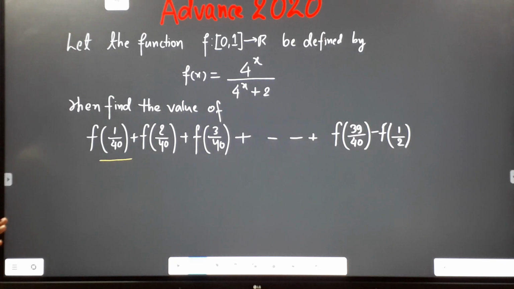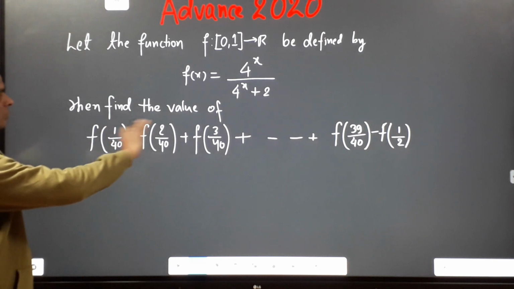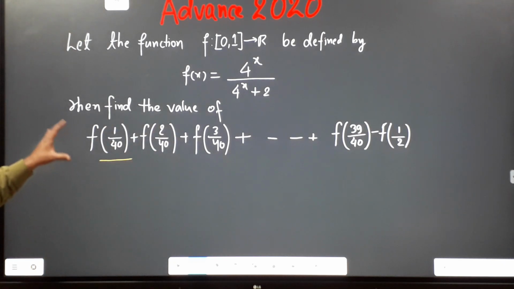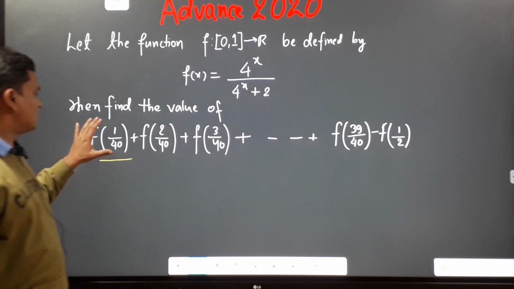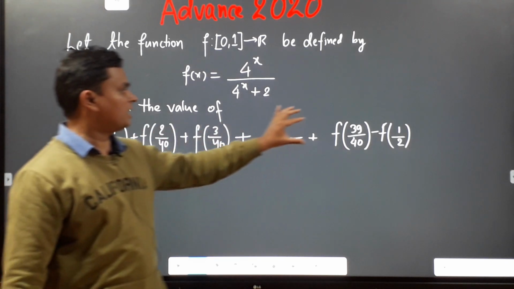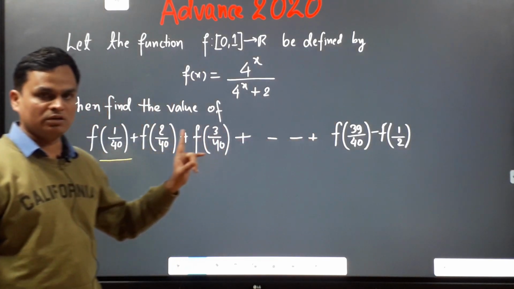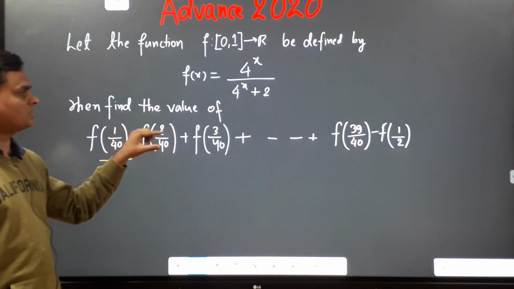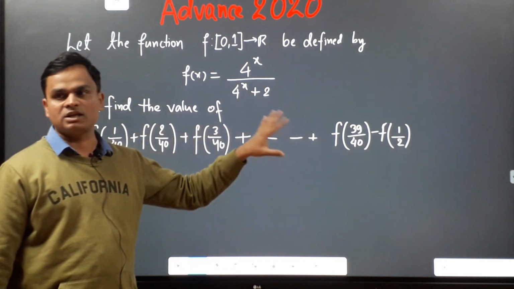A mere glimpse of this equation, an intuitive look, suggests that 1 upon 40 plus 39 upon 40 will give us 1. Similarly 2 upon 40 plus 38 upon 40 will give us 1.